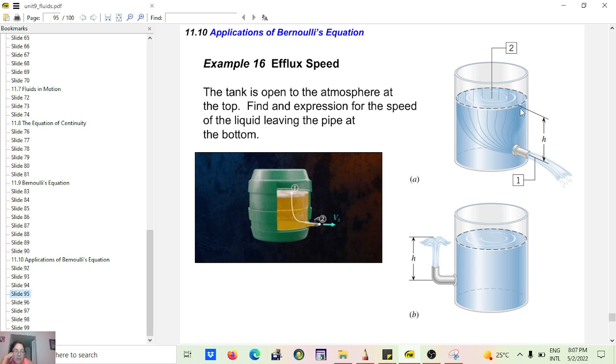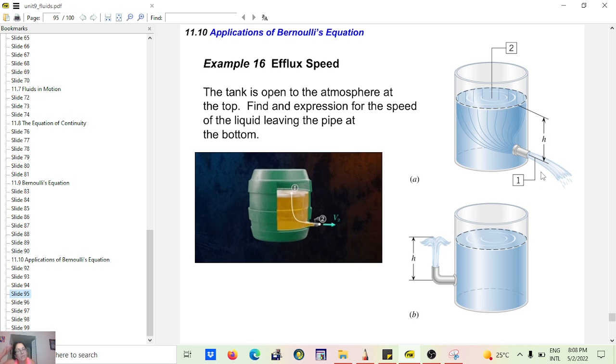So that's just the application when you have the difference in height that will turn into kinetic energy. Okay, so remember P1 plus rho GH1 plus no speed equals P1 again, because this is the atmospheric pressure, plus rho GH2 plus 1/2 rho V square.